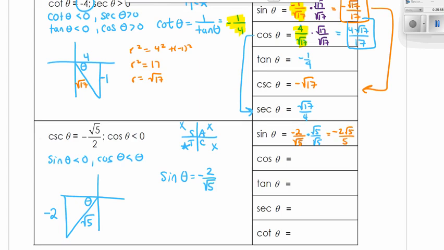And then, oops, I forgot to solve for our x as well to do cosine. So root 5 squared, because that's the hypotenuse, equals -2 squared plus x squared. Root 5 squared is just 5, so 5 equals 4 plus x squared. So 1 is equal to x squared.